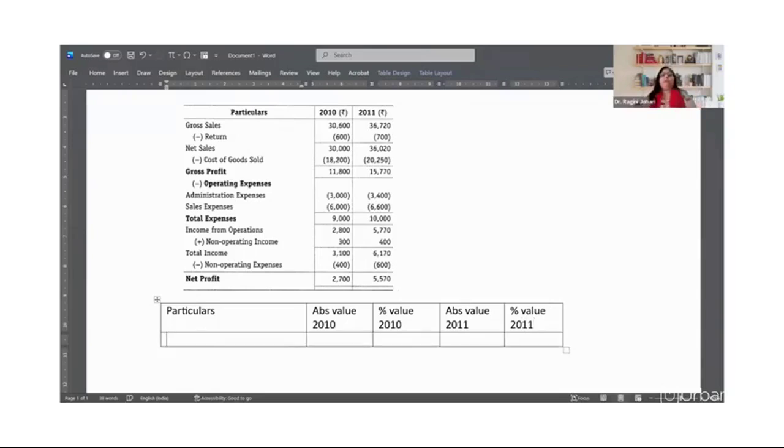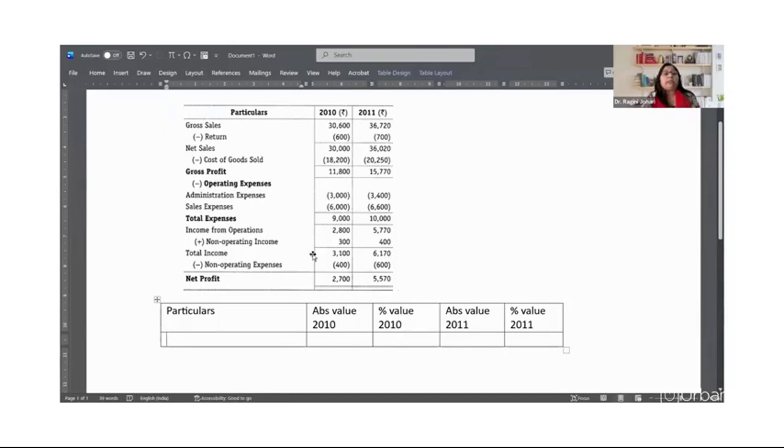All right. So students, in this case we have to find out the percentages using, now this is the vertical analysis. We have to find out the percentage for each value with respect to the common value.